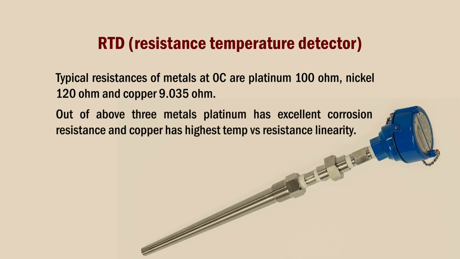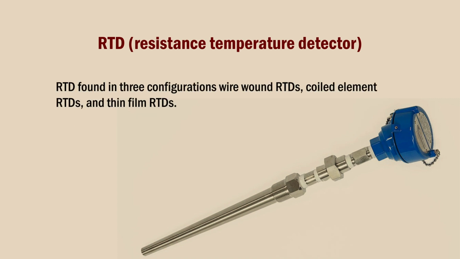Out of the above three metals, platinum has excellent corrosion resistance and copper has the highest temperature versus resistance linearity. RTD is found in three configurations: wire wound RTD, coiled element RTD, and thin film RTD.